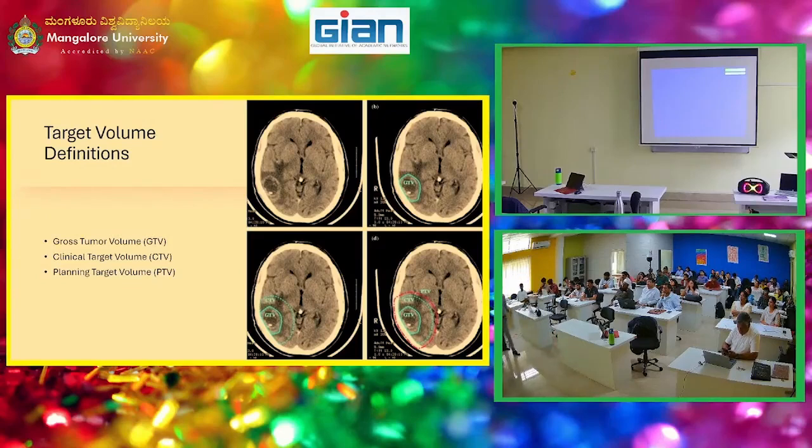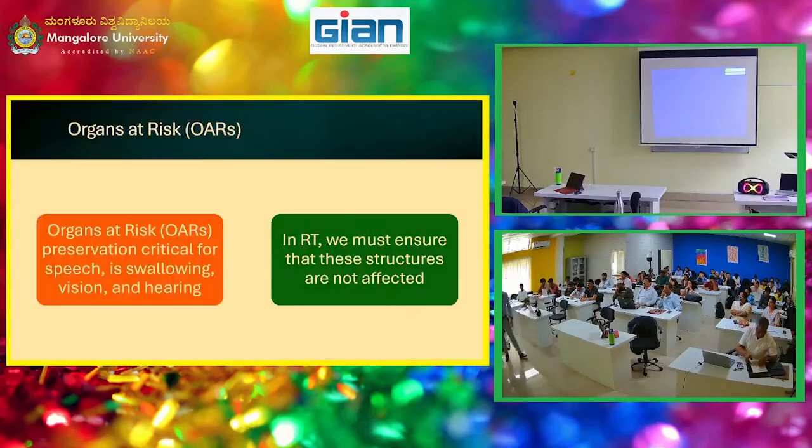So that's what you want to avoid. Then we have the third one, which is the planning target volume. And so once again, you got to go even outside of your margins for planning. Okay? So that's like your workspace. That's what the planning is for, the workspace. Okay? For safety, essentially.